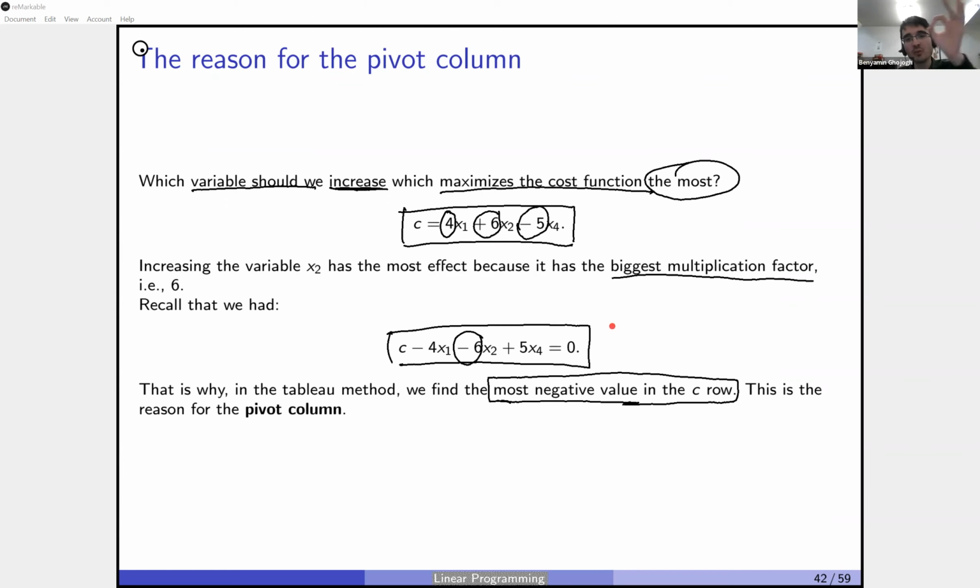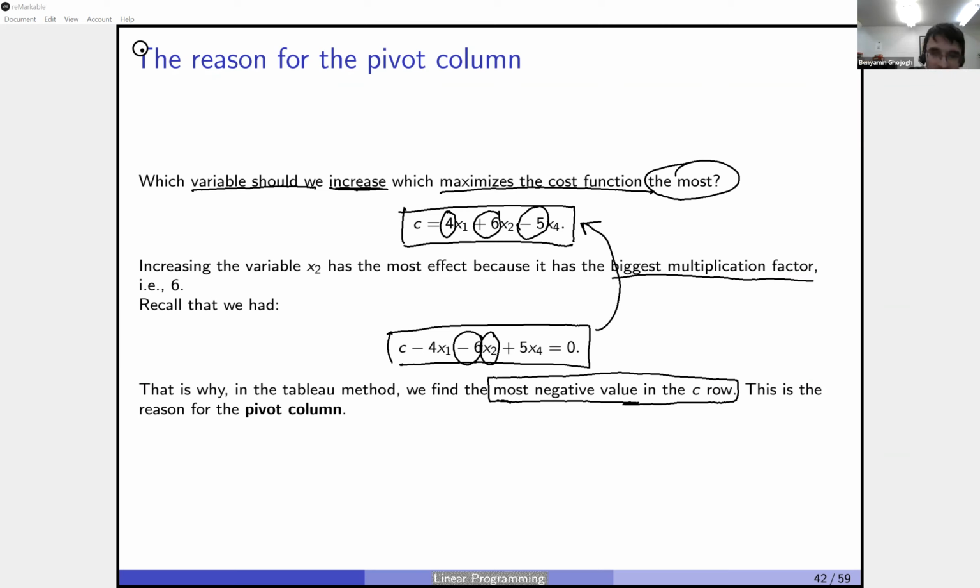Because before moving it to the left-hand side, it was like this. So actually it had the most positive multiplication factor. When we brought it to the left-hand side, that factor became the most negative multiplication factor. That's why when you are choosing the pivot column, you are choosing the most negative value in the cost row.